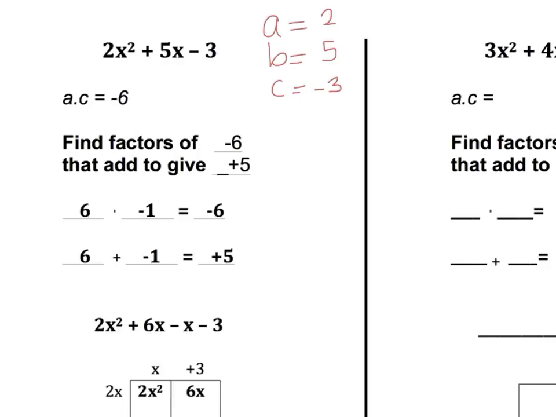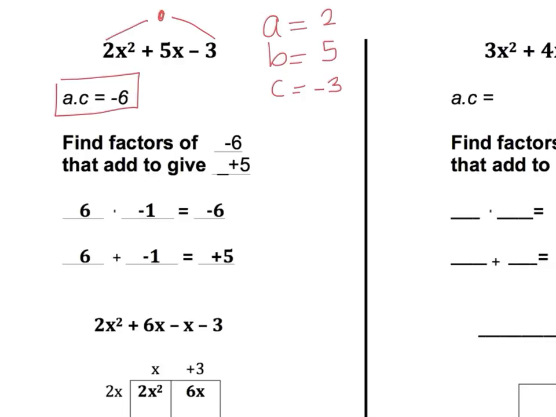So the first thing I need to do is to multiply 2 times negative 3 to get what AC is. 2 times negative 3 is negative 6. So I need two numbers that would multiply to give me the AC value, which is a negative 6 in this case, and add to give me the b, which is a 5 in this case.